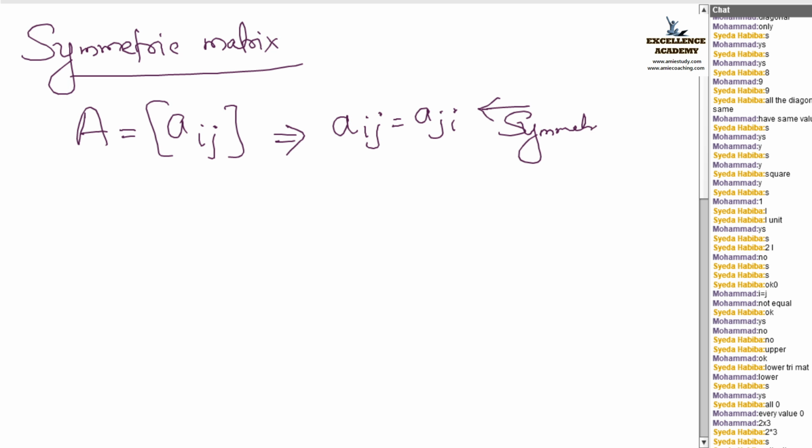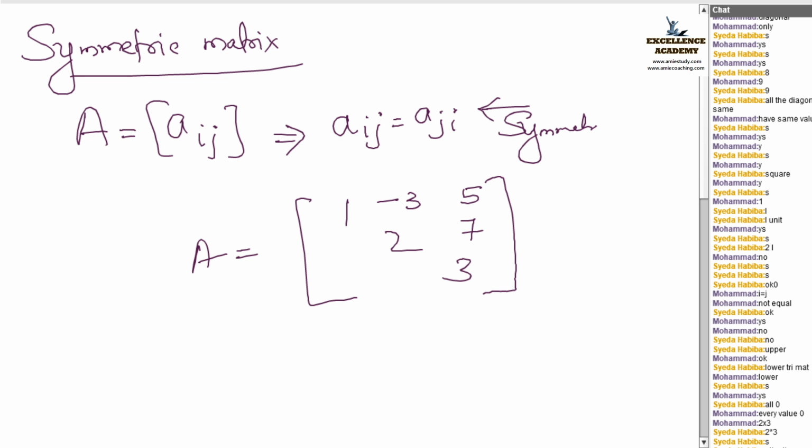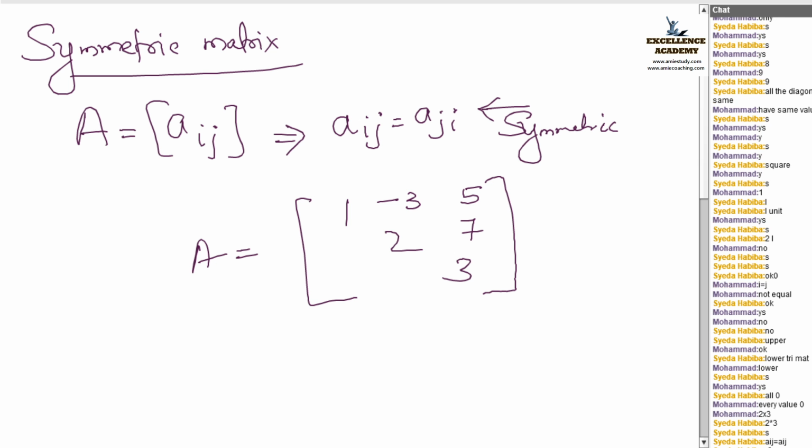Okay, symmetric matrix. That means if I write like this, 1, 2, 3, -3, 5, 7, how can I make this a symmetric matrix? Here this is A12.